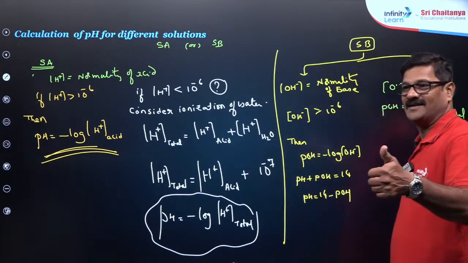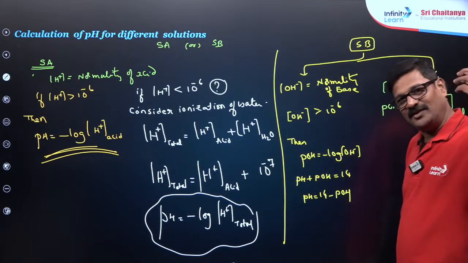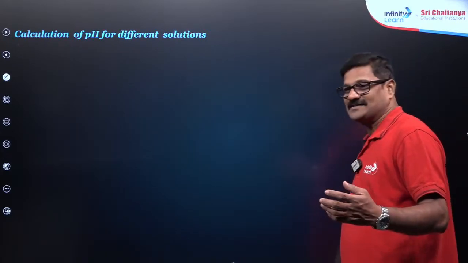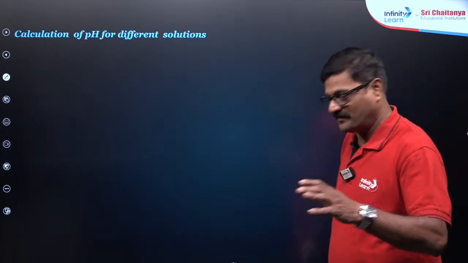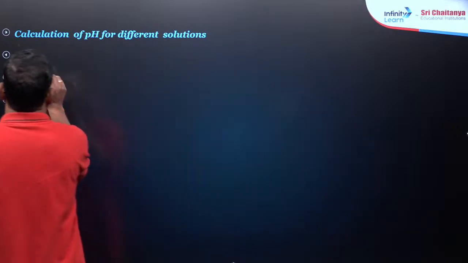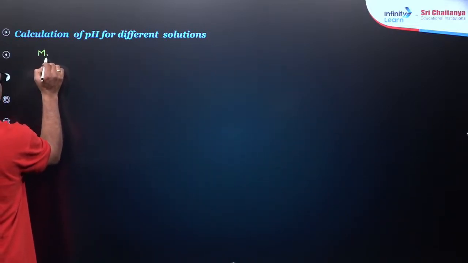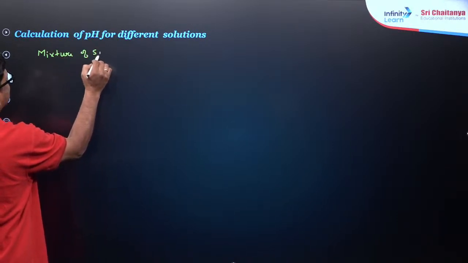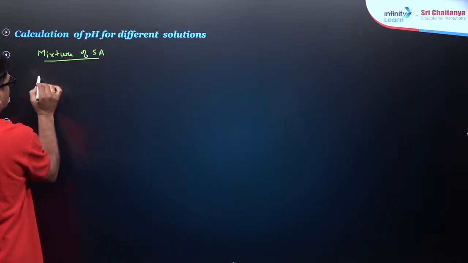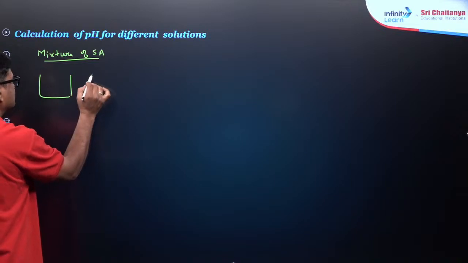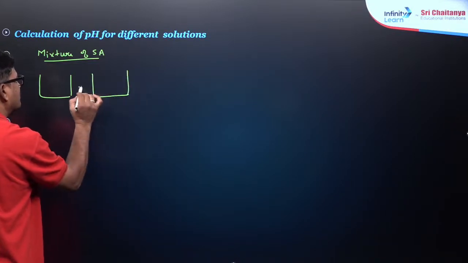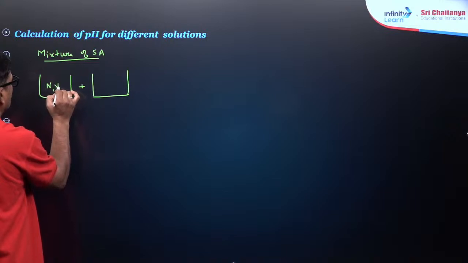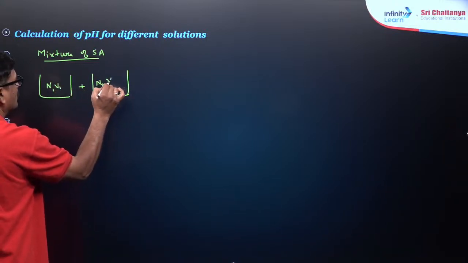Interact by using chat. Okay, let's talk about the mixture of strong acids. So you have two solutions, whose normality is N1, volume is V1, normality is N2, volume is V2.